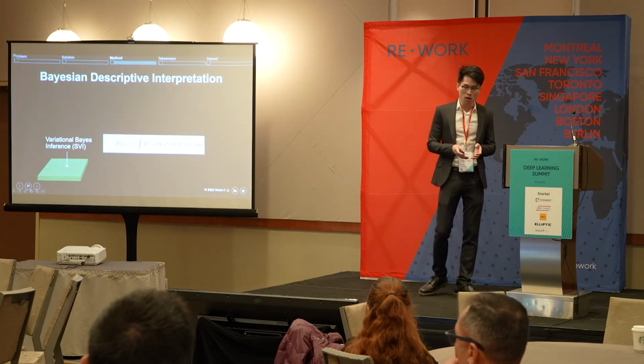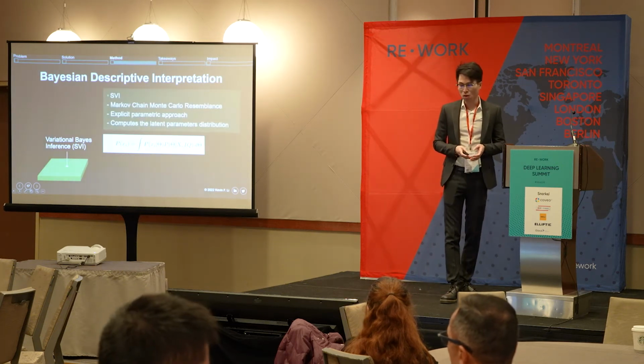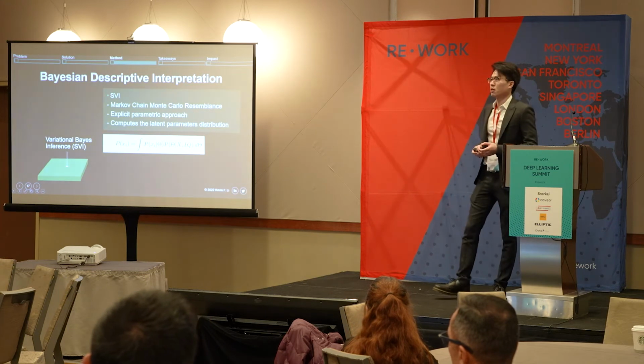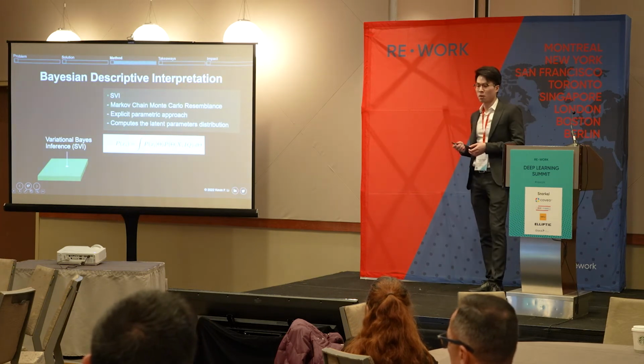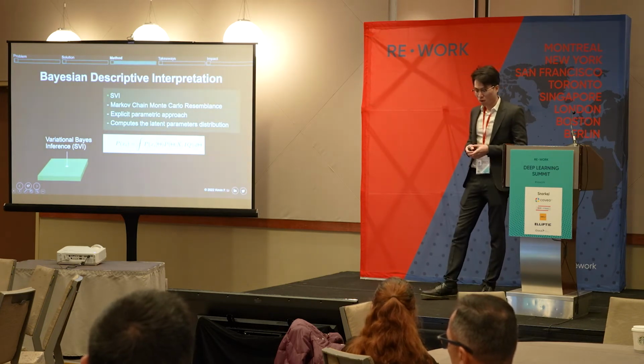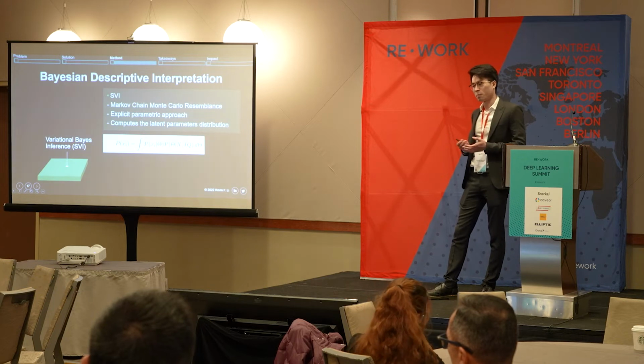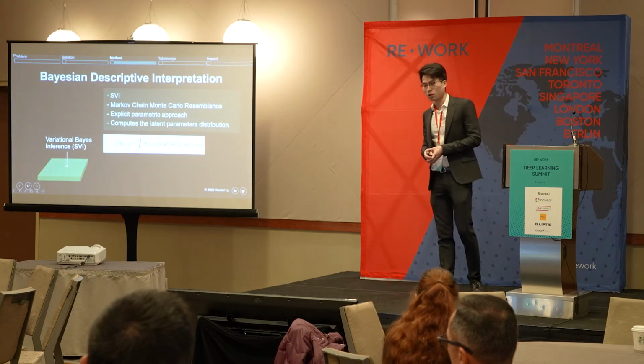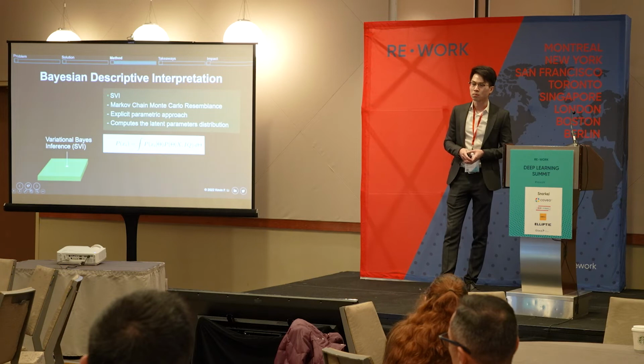In variational-based inference, the reason why we pick it is because it resembles the Monte Carlo Markov chain model. And this resemblance reminded me of one of the current standards being used in the industry.